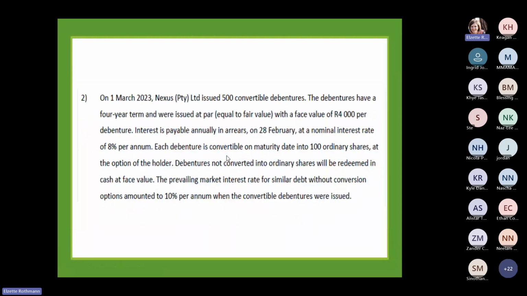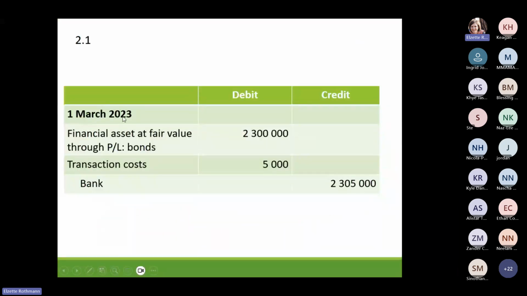Okay, so let's quickly go there. So on the 1st of March 2023, that's when they acquired the interest. We debit financial asset at fair value through profit or loss. So that's the fair value of 2.3 million.